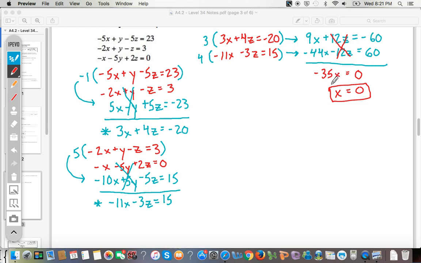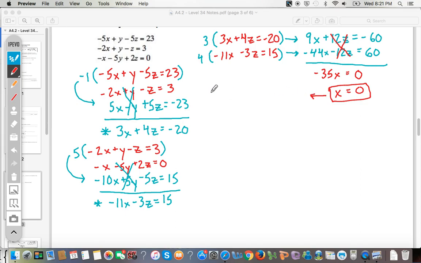Okay, so what I'm going to do with this x, it's no different from the two variable systems. I have this one variable x, it equals 0. I'm going to go back to my two star equations, right here, and I'll plug in 0 for x. So let's do this bottom one right here, the negative 11x minus 3z equals 15.